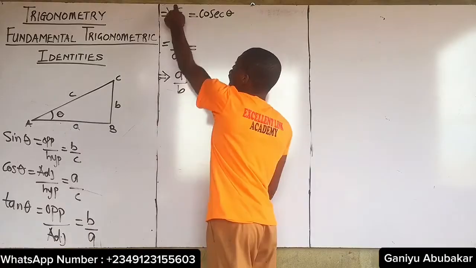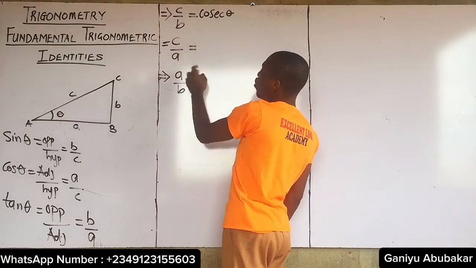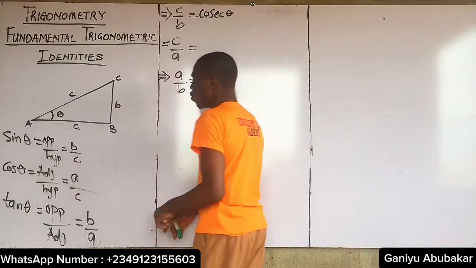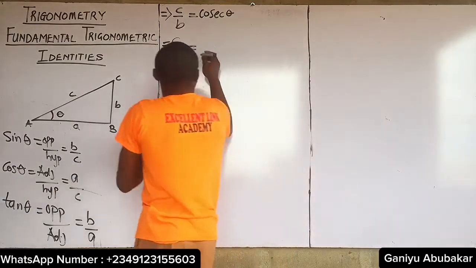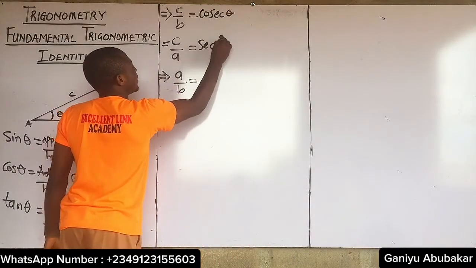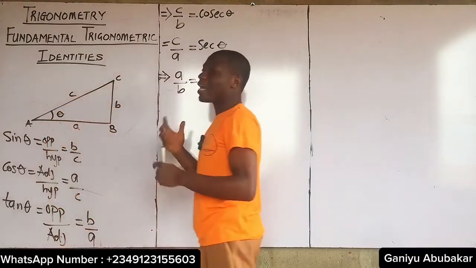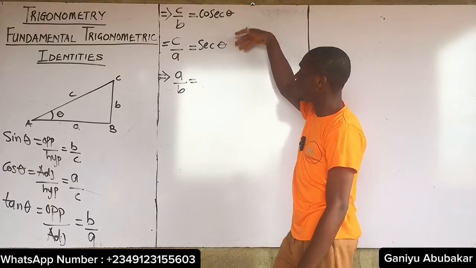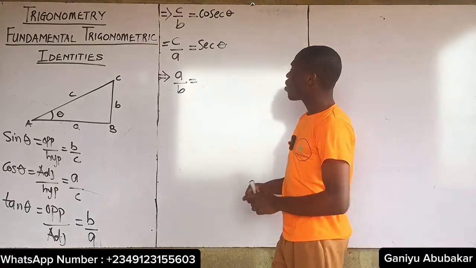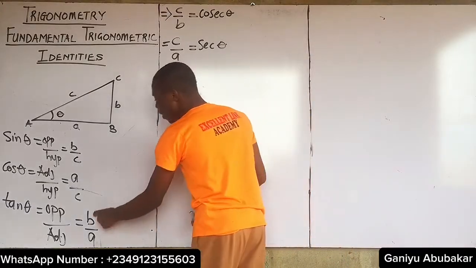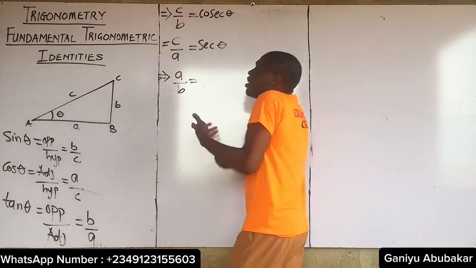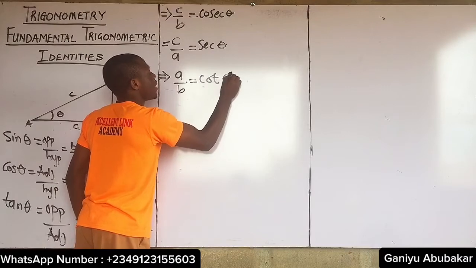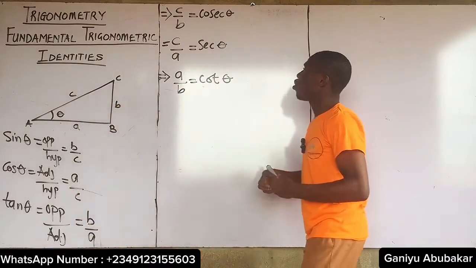So note that C over B is cosec theta. What's C over A? We know that A over C is cos, so C over A is sec theta. If you are familiar with our very first class of trigonometry, you should know why. Now I'm having A over B. B over A is tan, so A over B is cot theta. So note this concept, please.